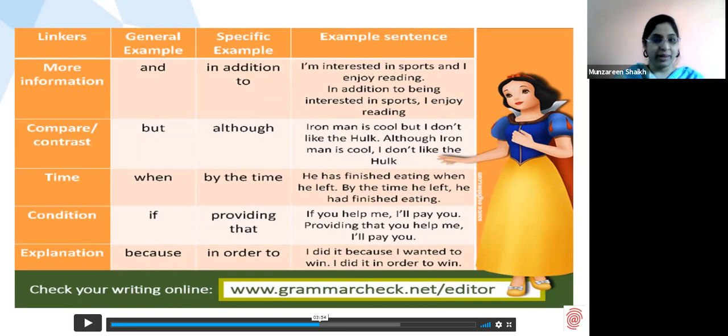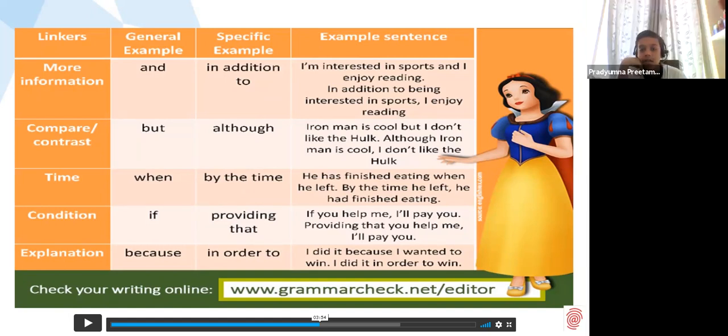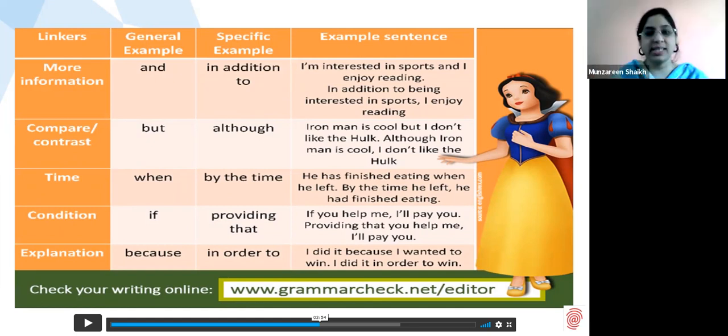Okay, so here which two things are you comparing and contrasting in the first sentence? Iron Man and Hulk. And which linker are you using over here? But. Okay. Now let's see another sentence with although.